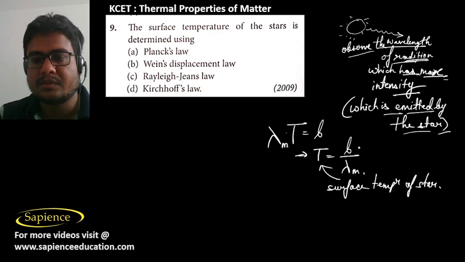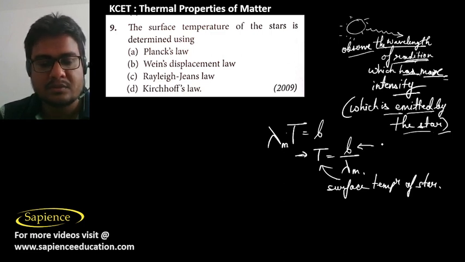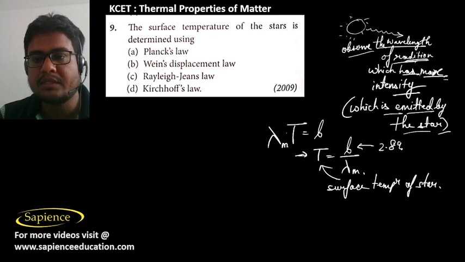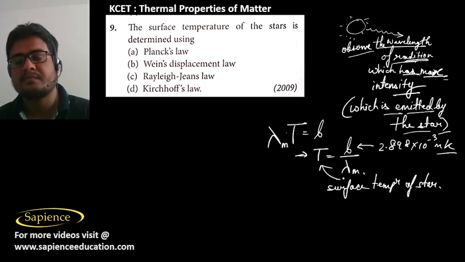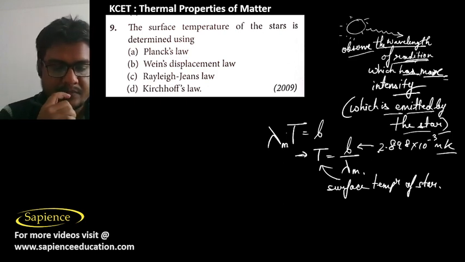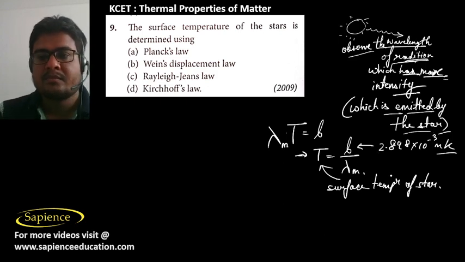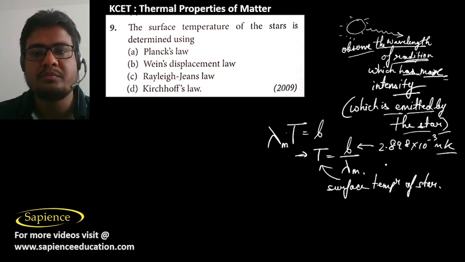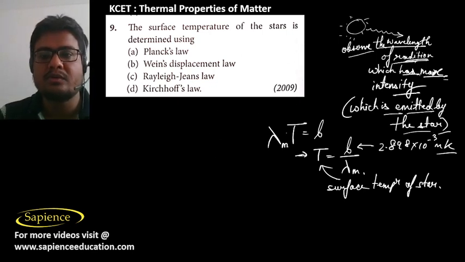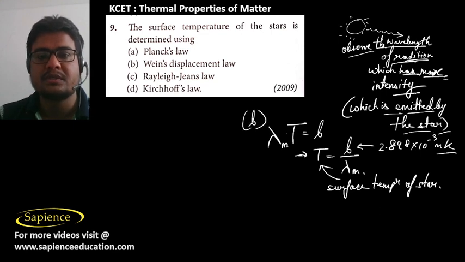Here the Wien's constant is 2.898 into 10 power minus 3 meter Kelvin. So it means by using Wien's displacement law only we can find the surface temperature of the star. So option B is the correct answer.